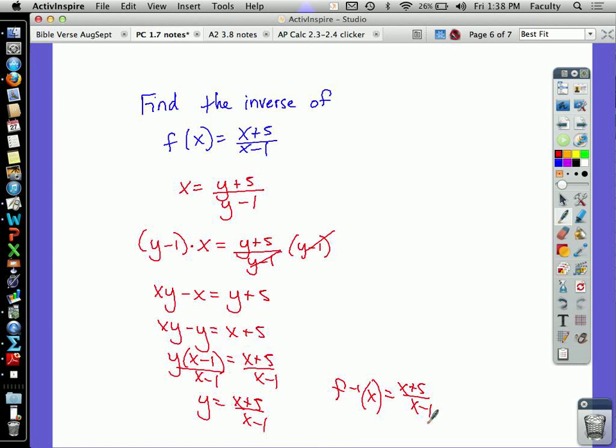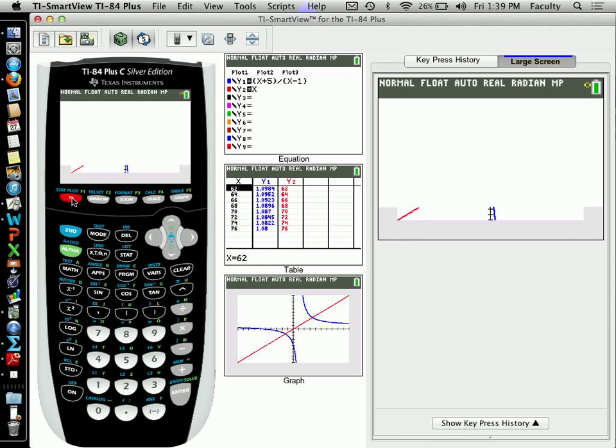Now wait a minute. That's the original problem. Okay, but normally they're not the same, right? Normally it's not the same. Let's go explore this. I want you to take out your graphing calculator, because you should go, why is that? So let's go, and I've already done it.